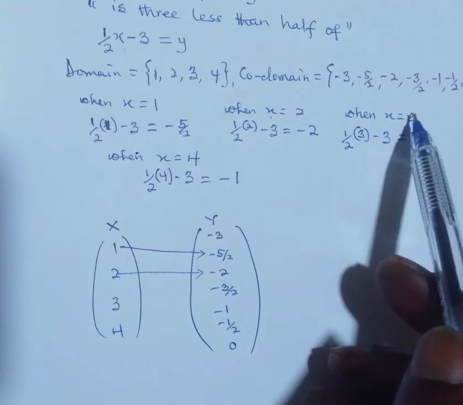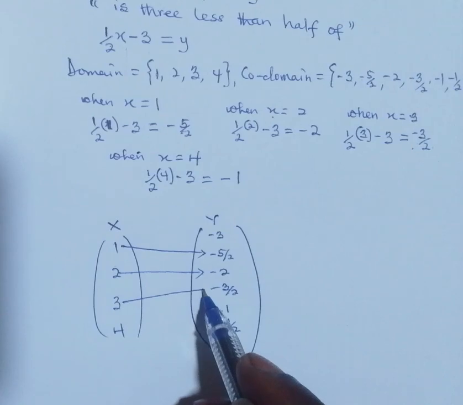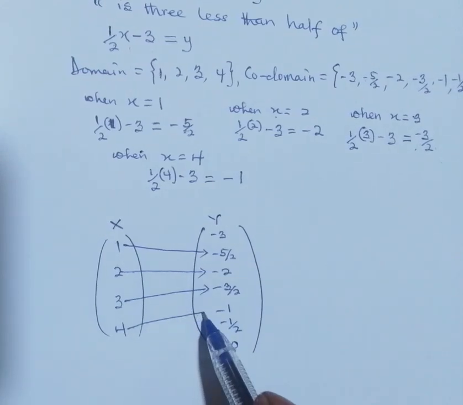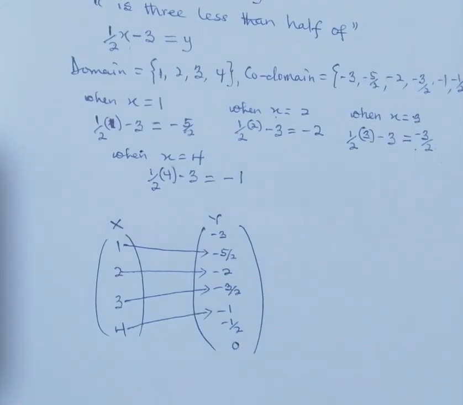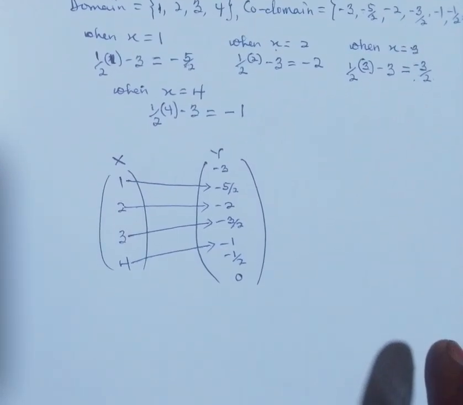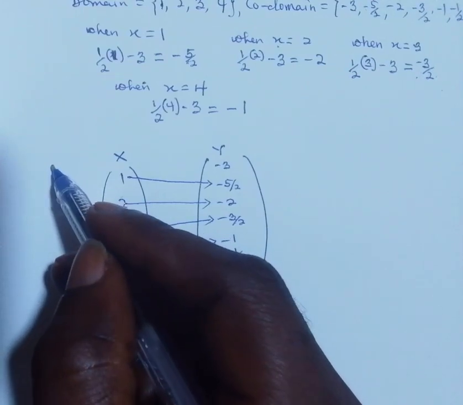When we substituted 3, we got what? -3/2. So it also belongs to this. And when we substituted 4, we got -1. So it means our 4 is also here. Great. So this is how your arrow diagram will look. Okay, all right. So that answers the first question.